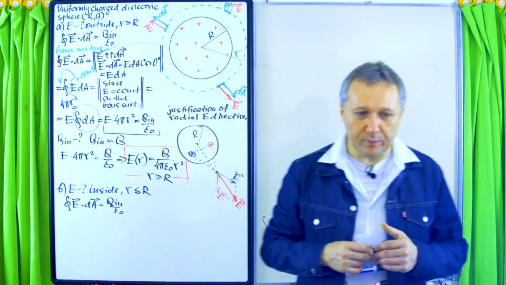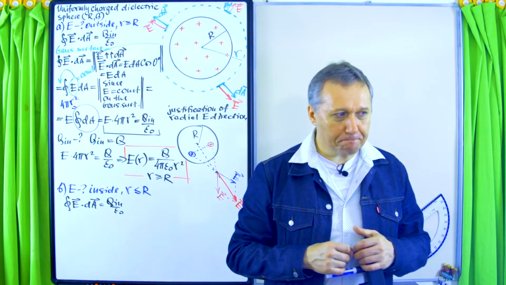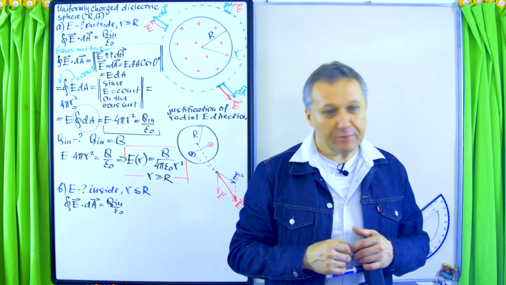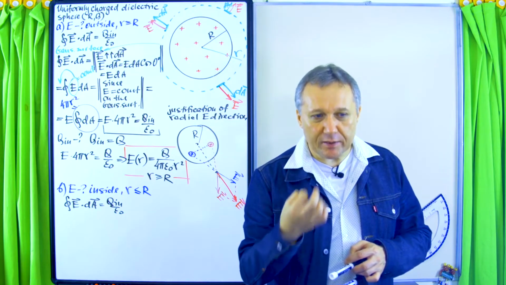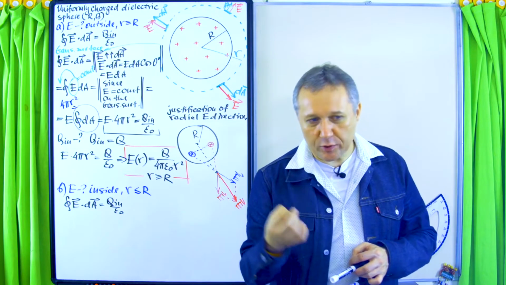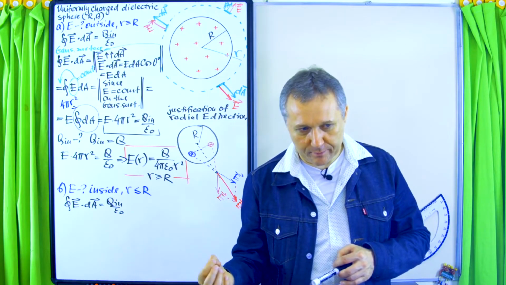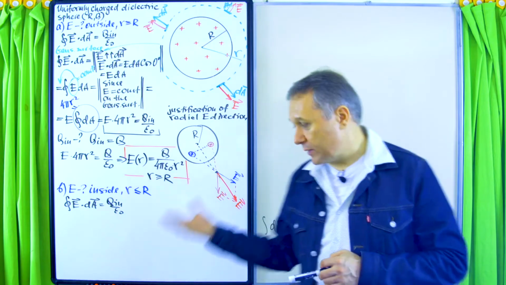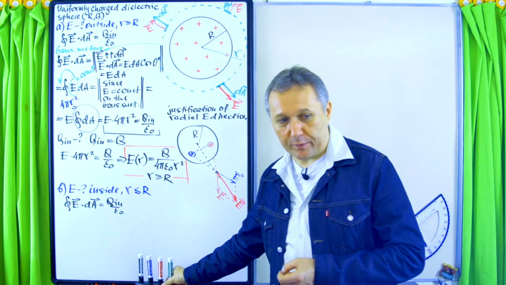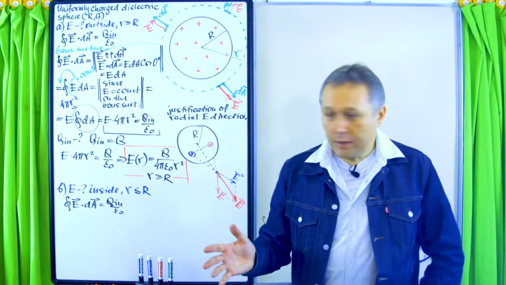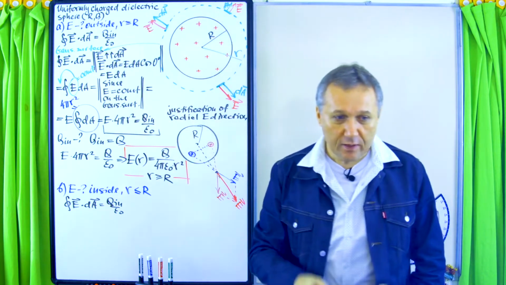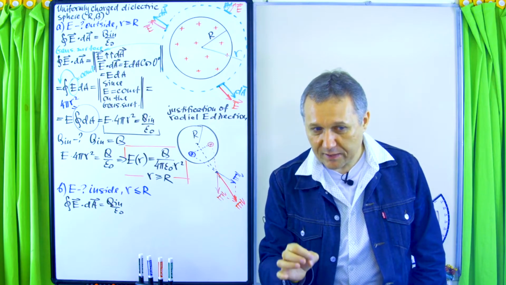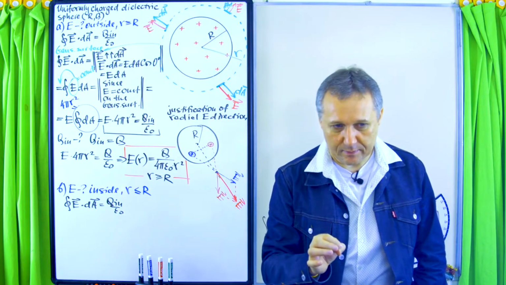The first step we need, first of all, is to make a decision about which Gaussian surface we're going to use. Without that step, we wouldn't be able to move any further. Since now we're interested in the electric field inside of the sphere, our Gaussian surface must be inside.